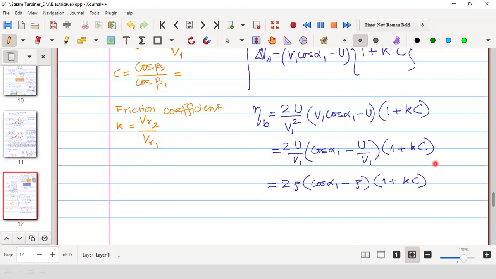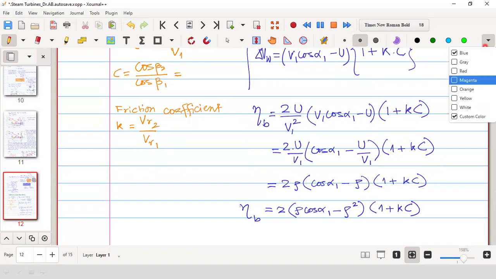Or if you just write, it is 2 rho cos alpha 1 minus rho square, 1 plus Kc. Same thing. That is basically the blade efficiency in terms of this parameter that we have just defined.